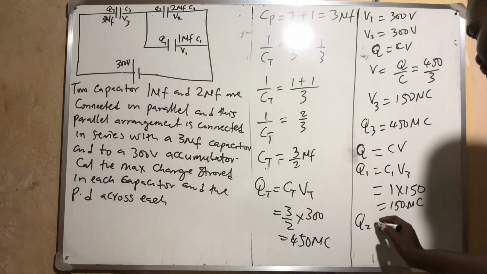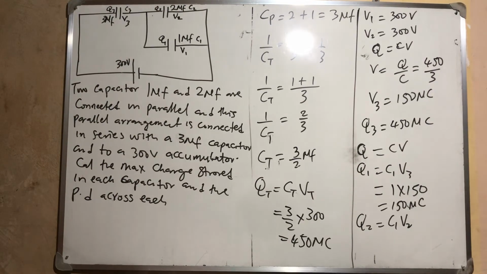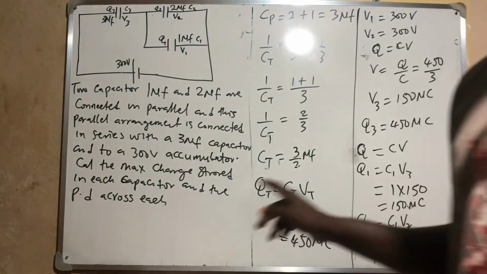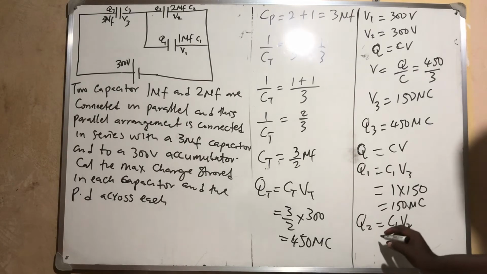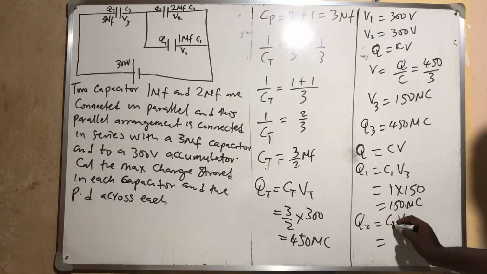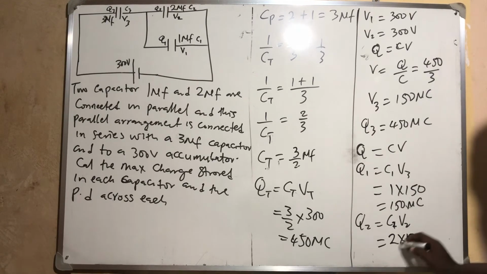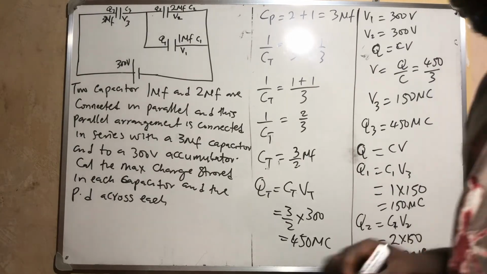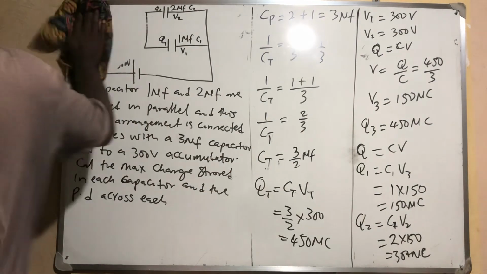Then my Q2 is C2 V, but because they are in parallel and the potential difference across them is the same, the potential difference here is what entered here. So my C2 will now be 2 times 150, that is 300 mu coulomb. So that is that. Okay, so we'll move to the next question.